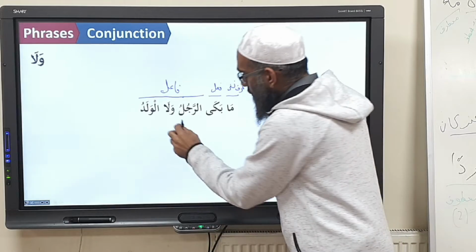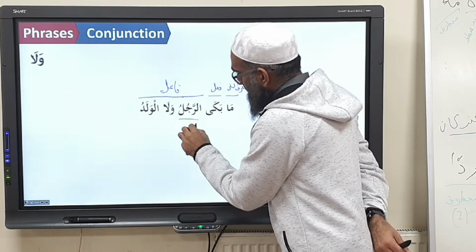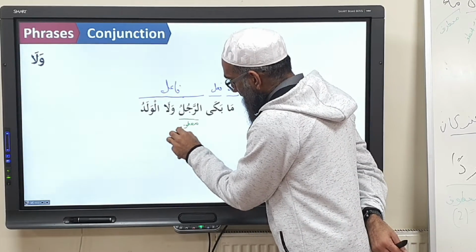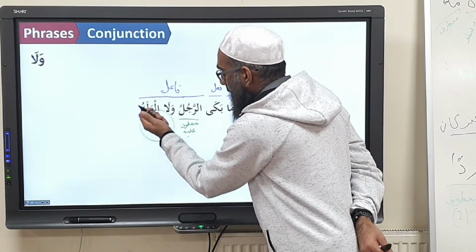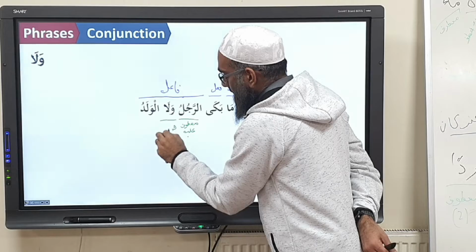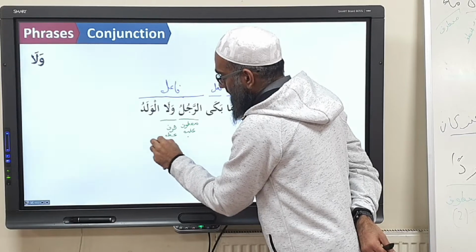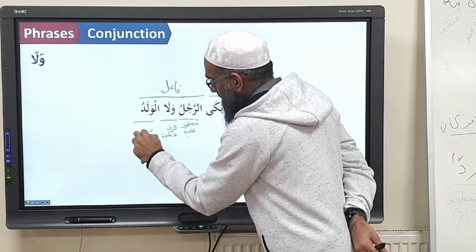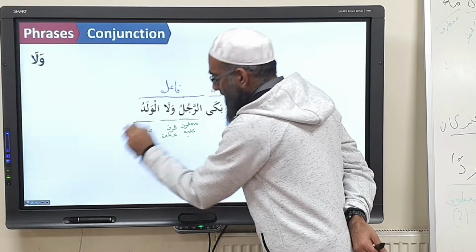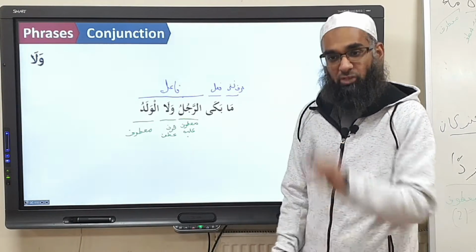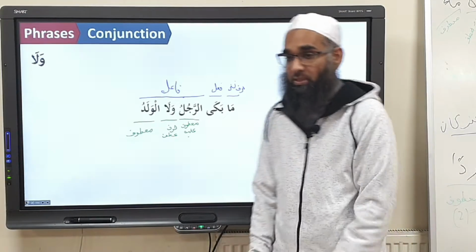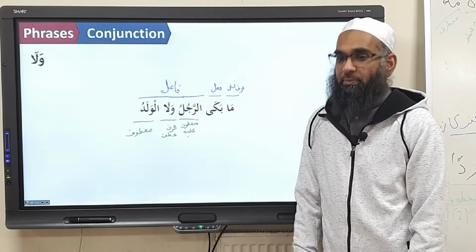And then rajulu becomes ma'tuf alayh. And walad becomes, wala becomes harfu atf. And al-walad becomes ma'tuf. You got it? Translation will be, the method of translation, the tarkib is quite easy. Translation is going to be but neither.